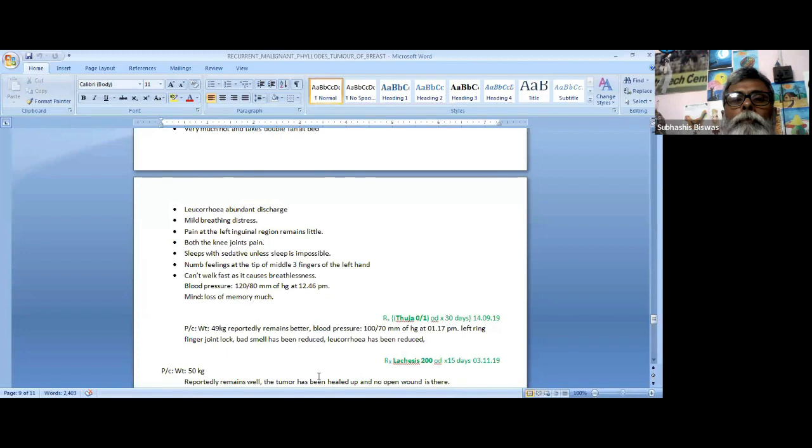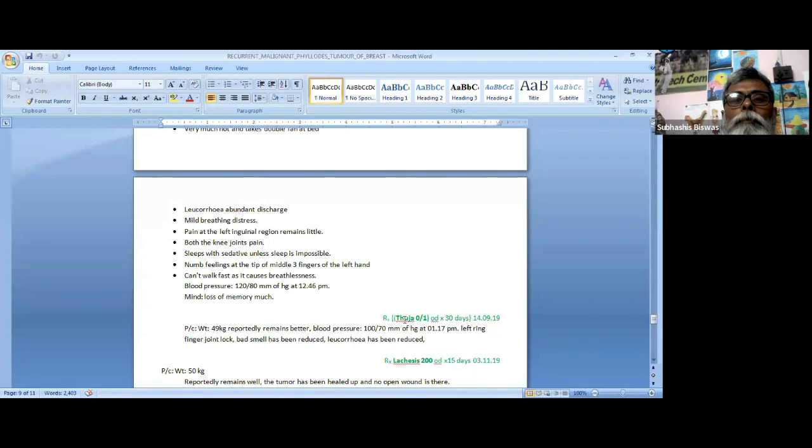Previously, when she showed me the earlier prescriptions of 2 years, there was also leukorrhea at the beginning of the case. I told that she had the leukorrhea for 30 years. I have seen the prescriptions of her doctors at that time, a lot of aluminium and some kind of leukorrhea drugs she was advised to take, but it didn't work.